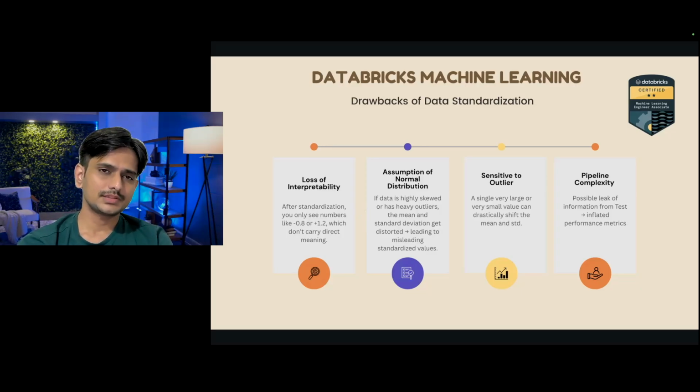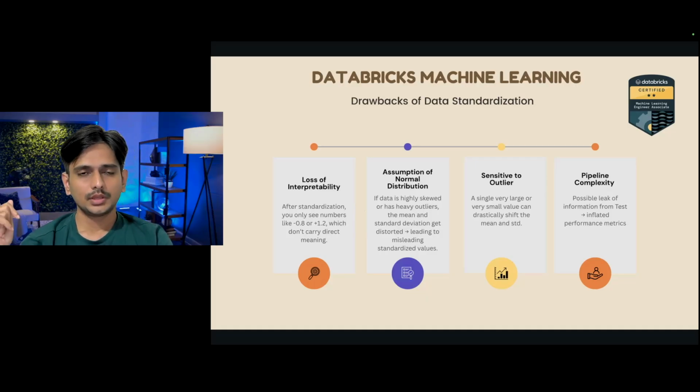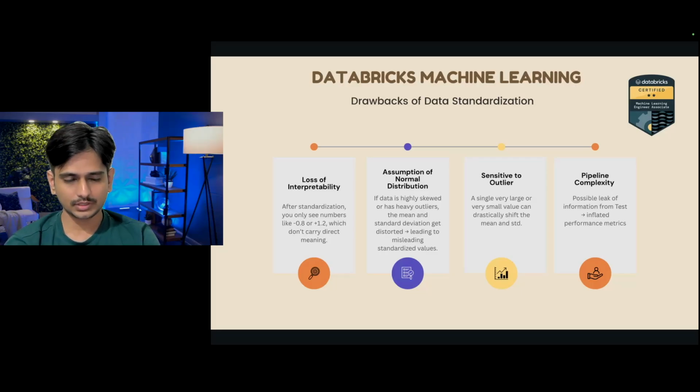And next is the assumption of normal distribution. Standardization is done with the assumption that the data is normally distributed, right? Standardization works best if data is roughly Gaussian or a bell curve, which is a sign of a good normal distribution. But if data is highly skewed, or has heavy outliers, then mean and standard deviation get distorted, and it might lead to misleading standardized values.